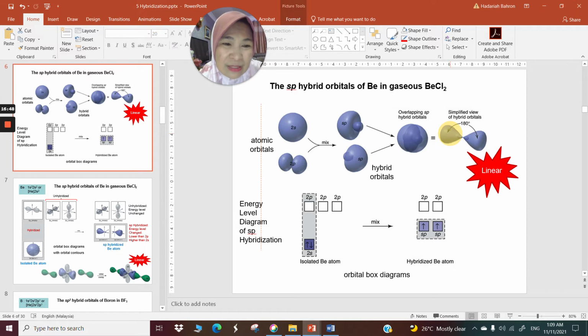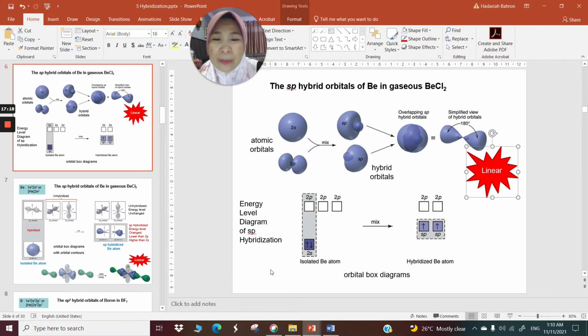That is one sp orbital, that is another sp orbital, and they are making a good linear shape. Maybe if you don't understand this at this moment, don't worry. As we go along to the different hybridizations, you're going to see the trend. So this is the shape of the sp orbital. It is a linear geometry. Just leave it there for a while.